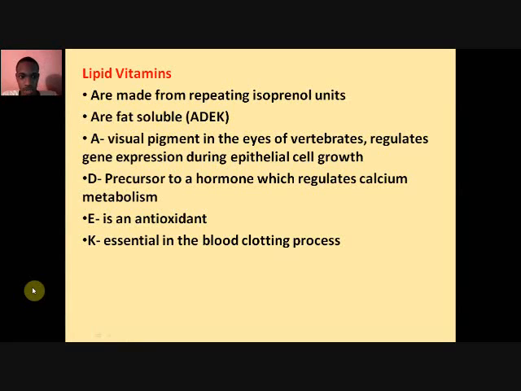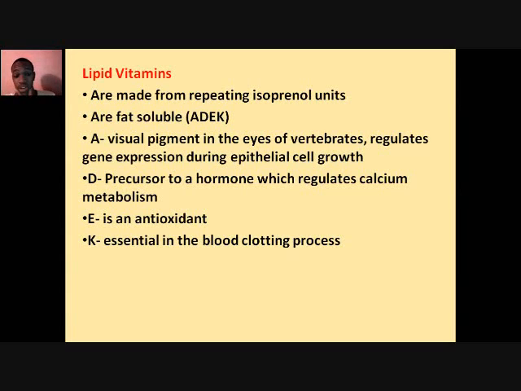Now here we see the general functions of each of these vitamins. Vitamin A forms the visual pigment in the eye of vertebrates, and regulates gene expression during epithelial cell growth. And vitamin D is a precursor to a hormone which regulates calcium metabolism. That's why it's very important for babies.